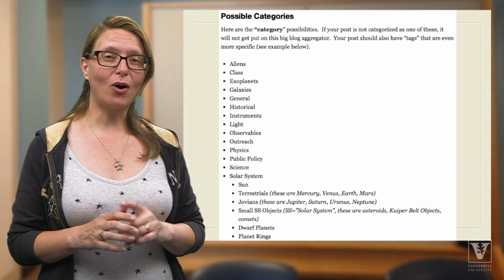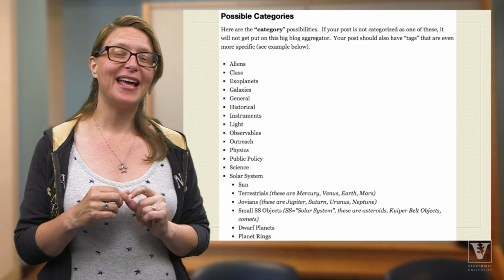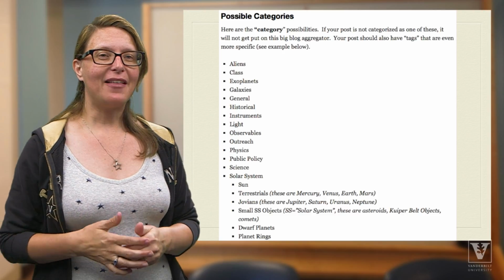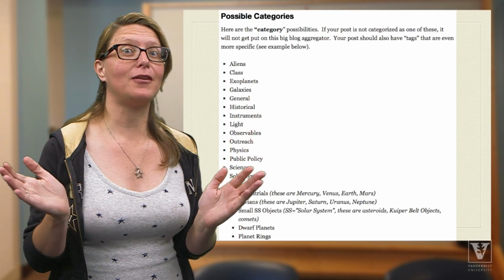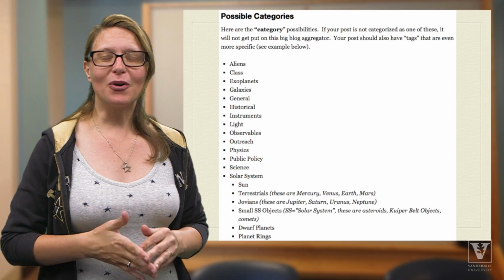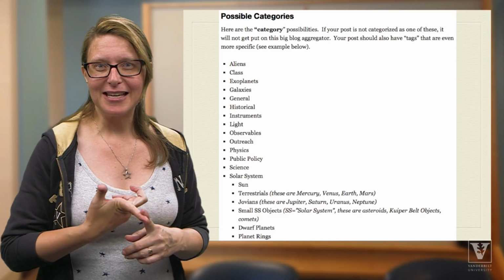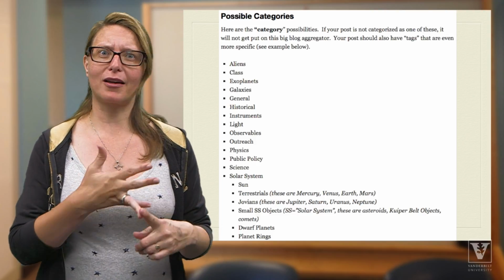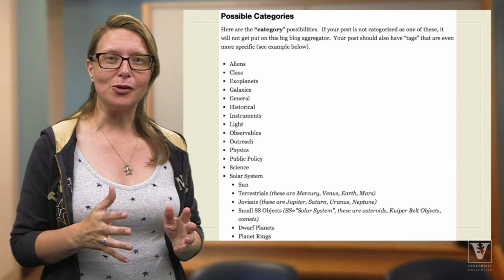One of the blog posts had to be about something in the actual unit, one of the topics of the unit. The other one could be about anything they could convince me was astronomically related. It could be about space policy, photography, rocket engines, whatever they wanted to do.